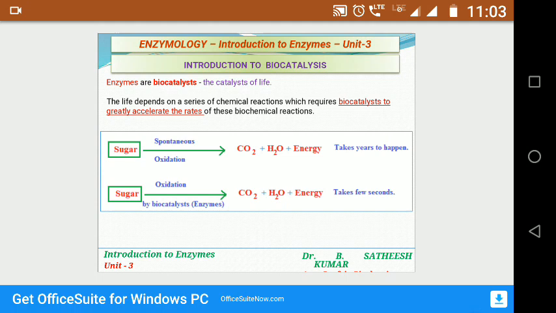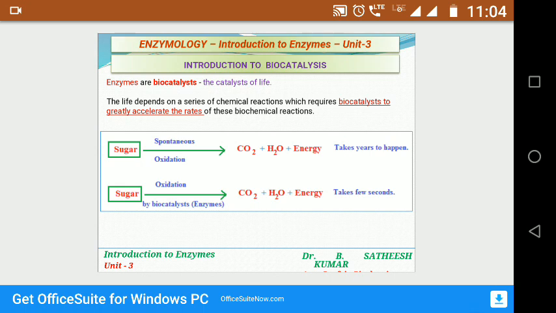So each chemical reaction is catalyzed by a particular enzyme, so that no two chemical reactions can interfere with each other. Every single reaction proceeds on its own way, and there is no interference between them because of the specificity of the enzymes.